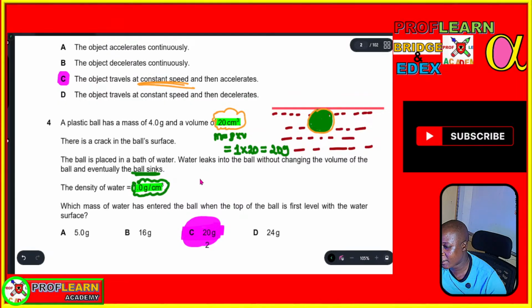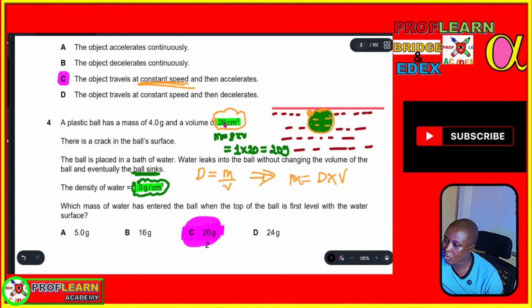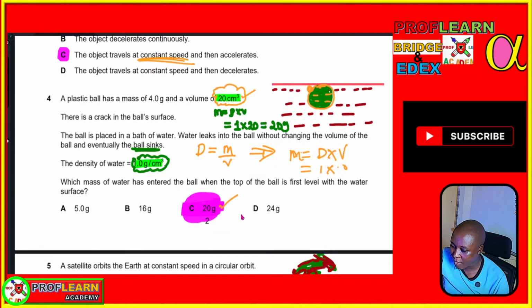We know density equals mass over volume, which implies that mass is equal to density times volume. So the water inside the ball has a volume of 20 centimeter cubed and the density is 1, so this is 1 times 20, and we have 20 grams. The correct answer there is going to be C.